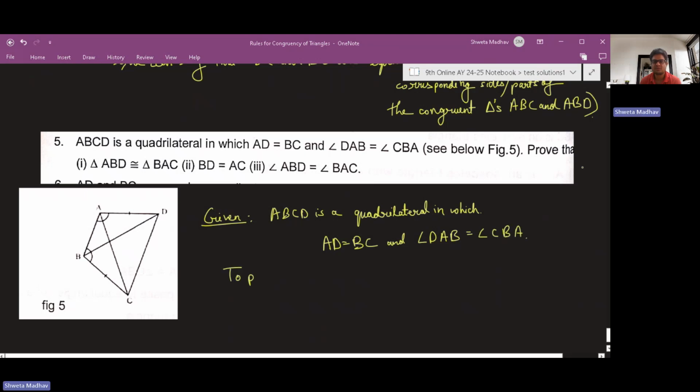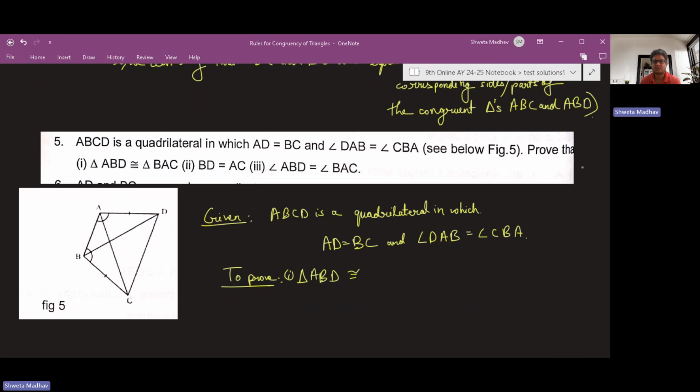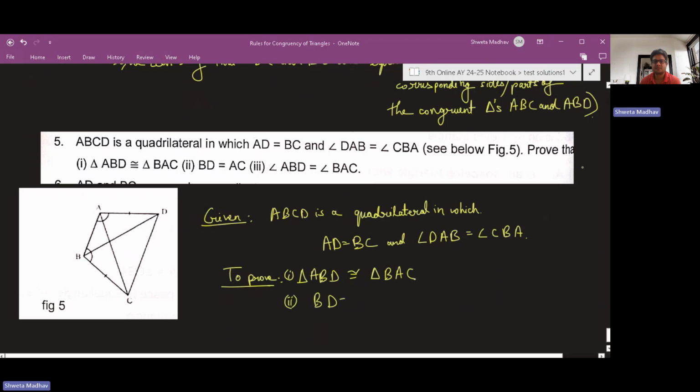And we have to prove that first, triangle ABD is congruent to triangle BAC. Second, BD will be equal to AC. Third, angle ABD will be equal to angle BAC.